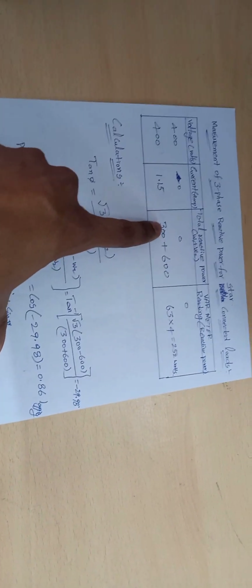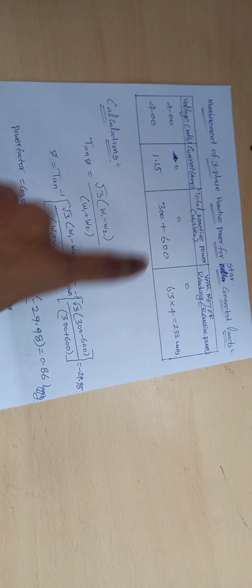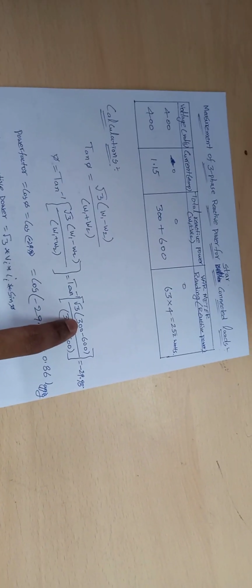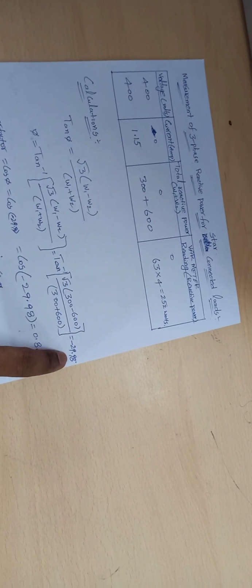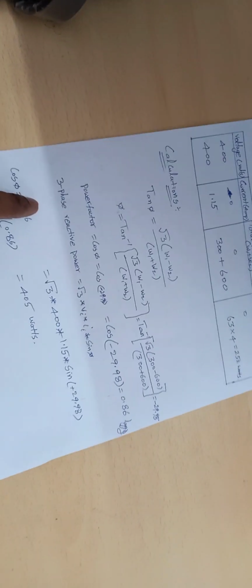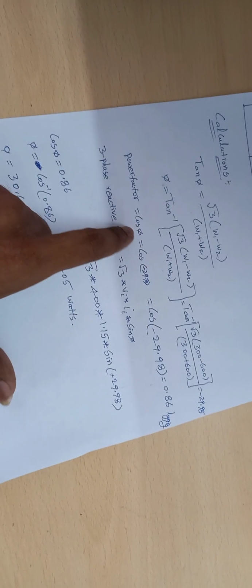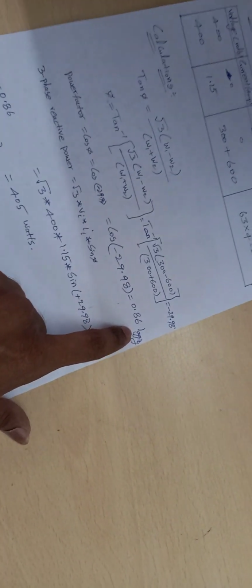So we can substitute all the values, W1 is 300 and W2 is 600. Then substituting, we got minus 29.98. That value is the phi value. That phi value we can substitute in cos phi, and we get 0.86 lagging.